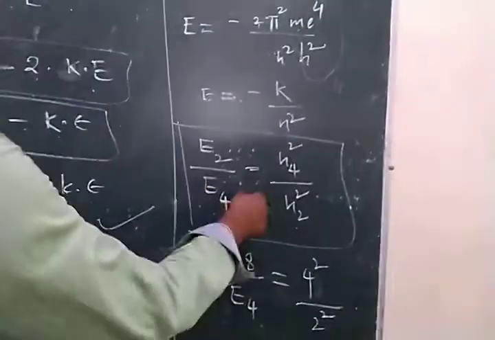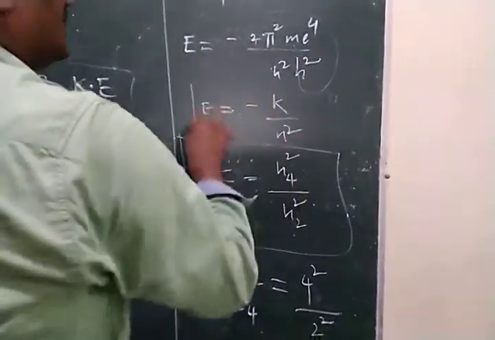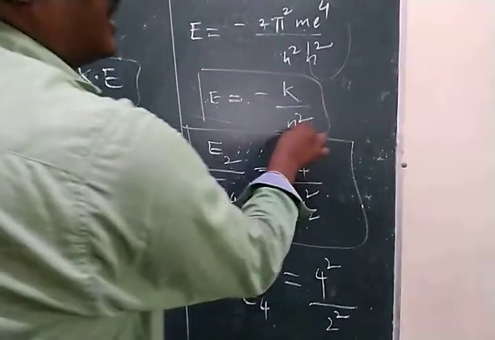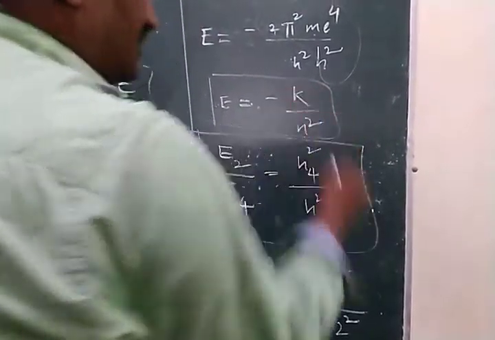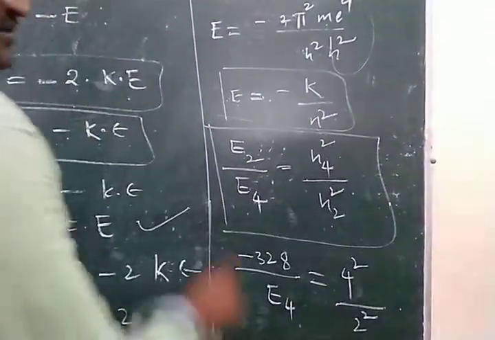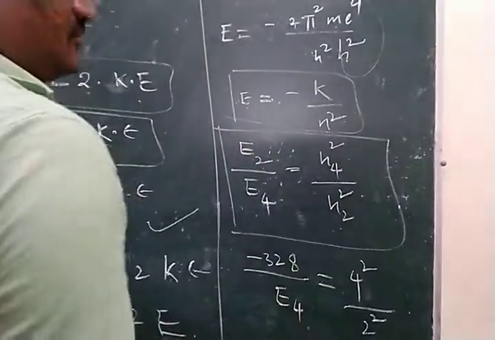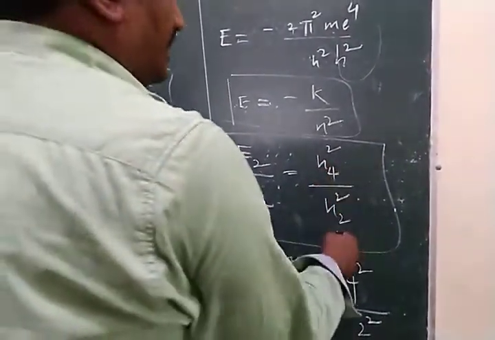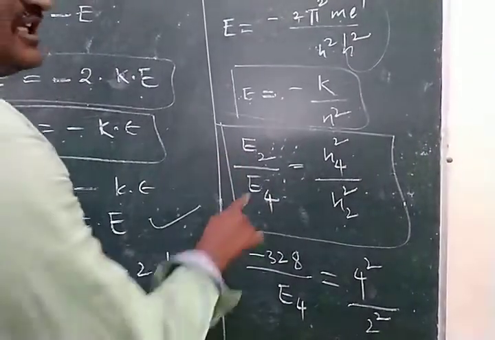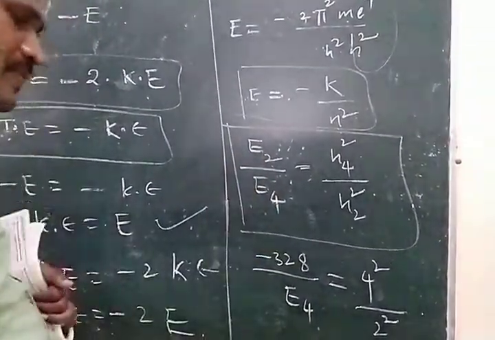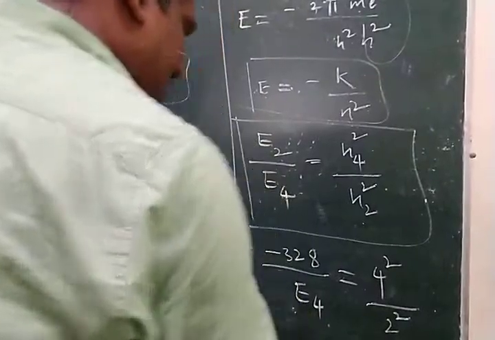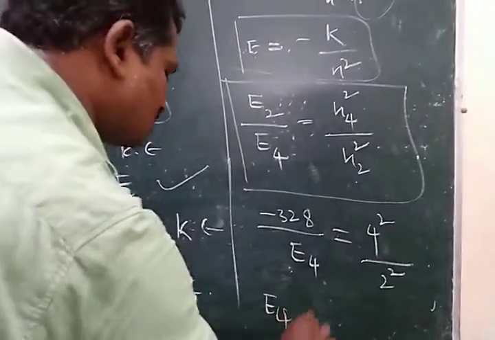So these relations are based on this formula: energy is inversely related to n square with negative sign. So we can write E1 by E2 equal to n2 square by n1 square, where E1 means second orbit and E2 means fourth orbit. From this we get the energy of fourth orbit.